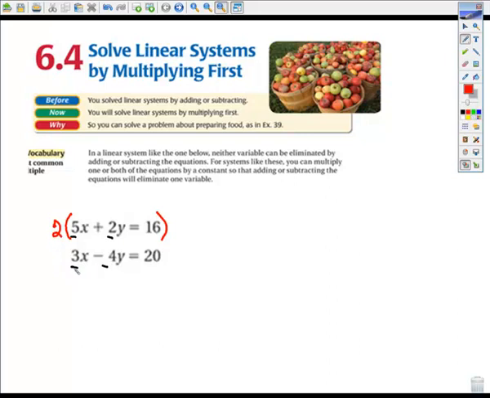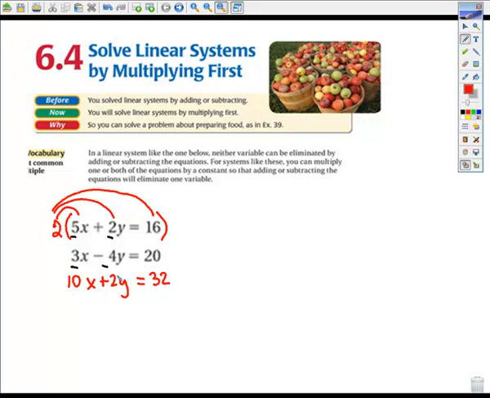So I'm just going to tuck it underneath this other equation. You have to distribute all the way across the equation, including across the equal sign. So 2 times 5x is 10x, 2 times 2y is 2y, and 2 times 16 is 32.